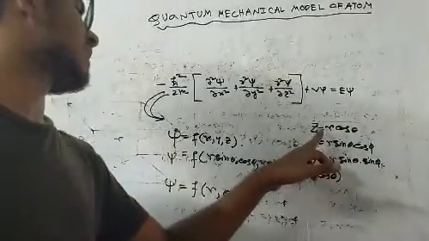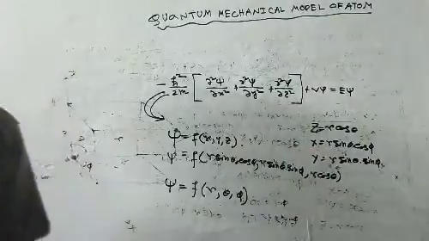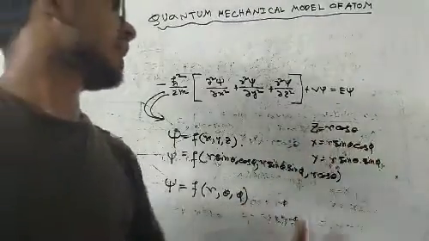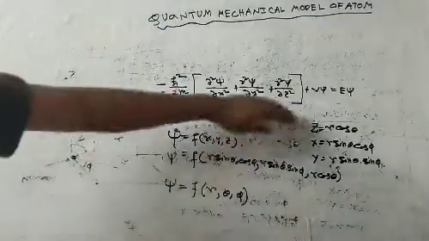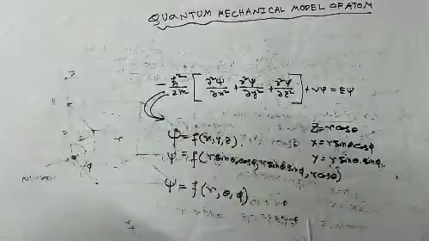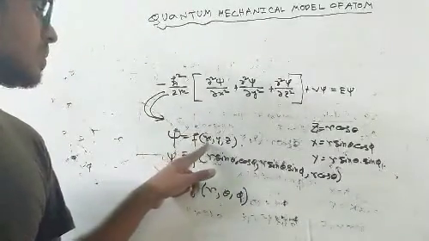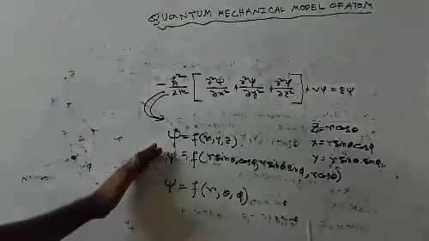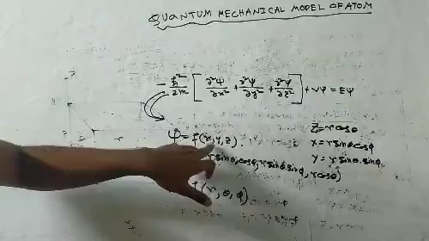I got the values of x, y, z in terms of the distance between electron and nucleus and the angles theta and phi. Now I am putting these relations in the expression of the wave function, so psi equals a function of x, y, z, and within this independent variable region I am putting the values of x, y, z.